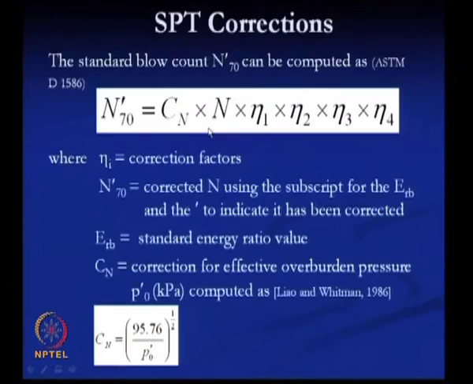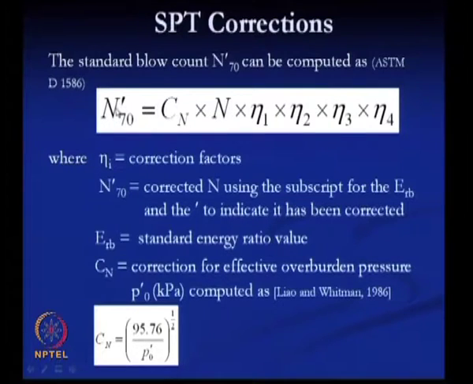Here, this is the correction, say N dash 70, which means it is corrected, using the subscript for the ERB, and the dash indicates that it has been corrected. That means N is the measured N value in the field, and N dash indicates that this N value has been corrected.